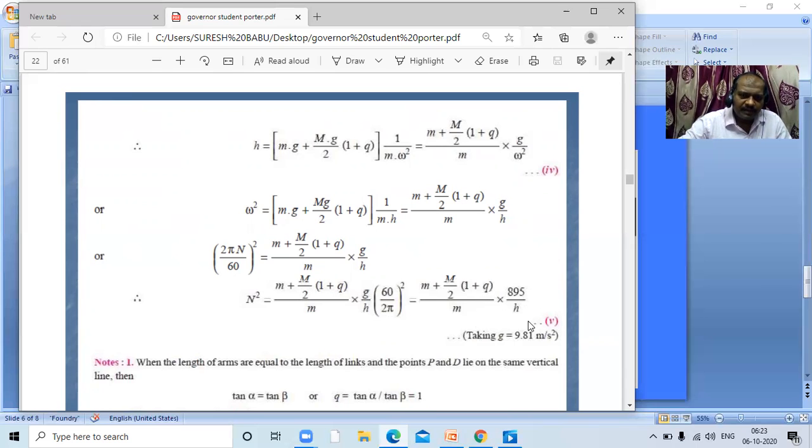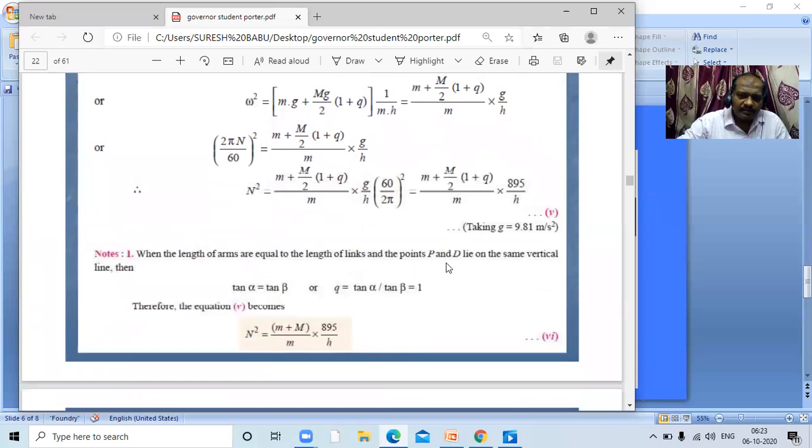We got N square equal to small m plus capital M by 2 into 1 plus q by small m into 895 by h. If tan alpha is equal to tan beta, then q is equal to tan beta by tan alpha, which is equal to 1. If alpha and beta angles are the same, then the speed is connected with small m and capital M as small m plus capital M by small m into 895 by h. 895 is obtained from the value of 60 by 2 pi square multiplied by 9.81.